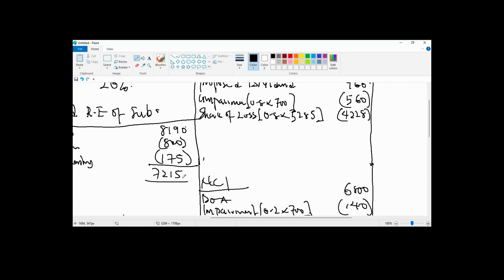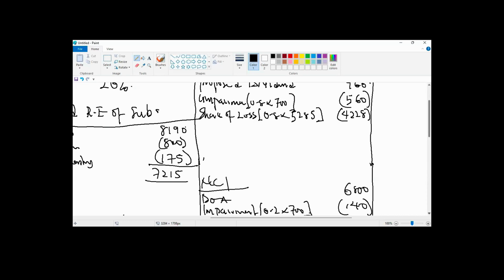Look at this one here. Do you get this one? 8190 minus 800. 8190 minus 175. 175 is unrealized profit.